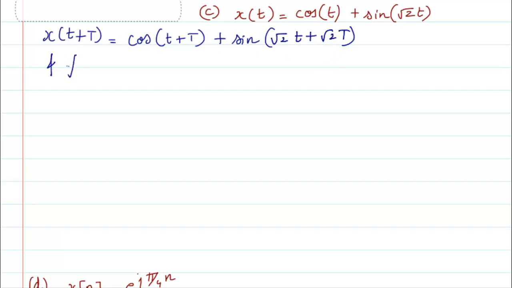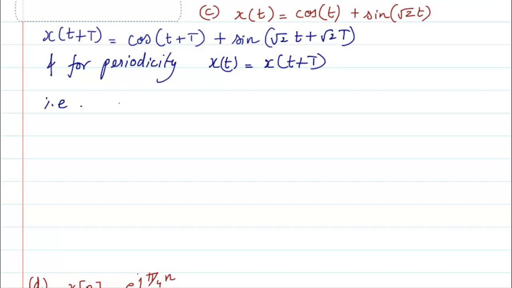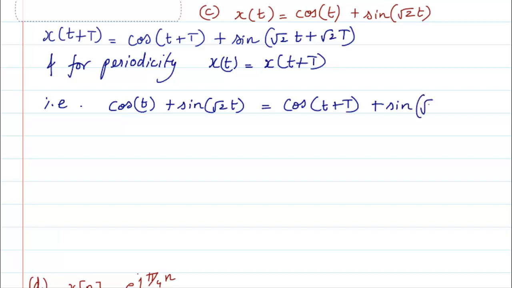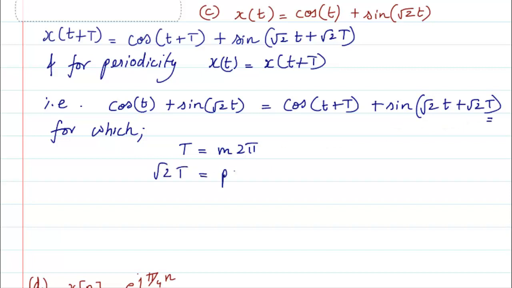And for periodicity, we know that x of t should be equal to x of t plus capital T, that is, cos of t plus sine of root 2t should be equal to cos of t plus capital T plus sine of root 2t plus root 2 capital T, for which the two conditions are that capital T should be some multiple of 2 pi, and for the second case root 2 capital T should be some multiple of 2 pi.